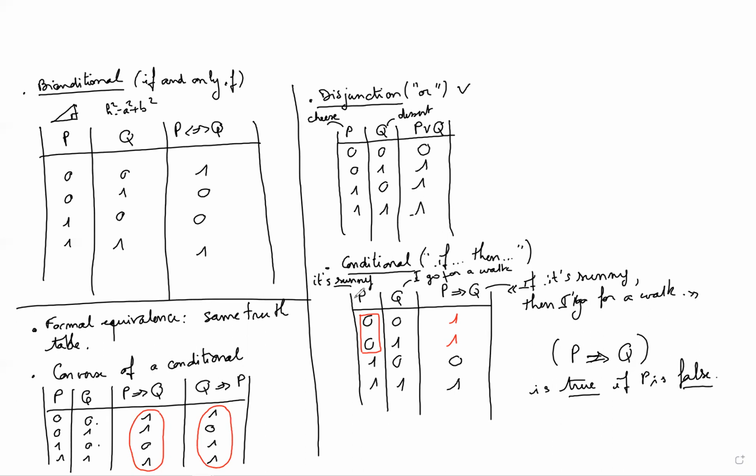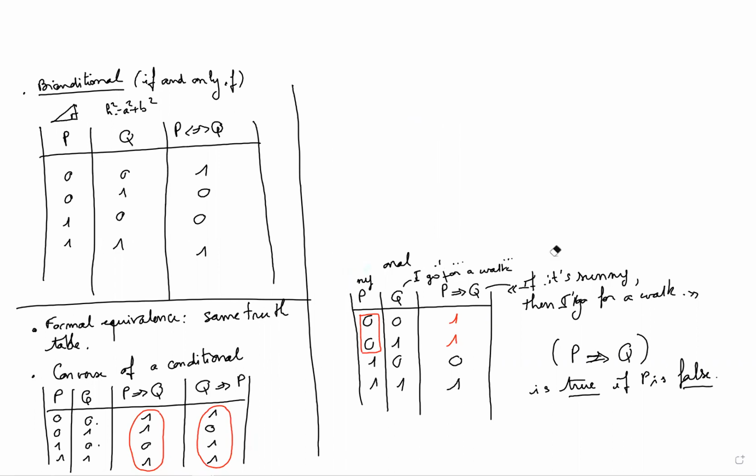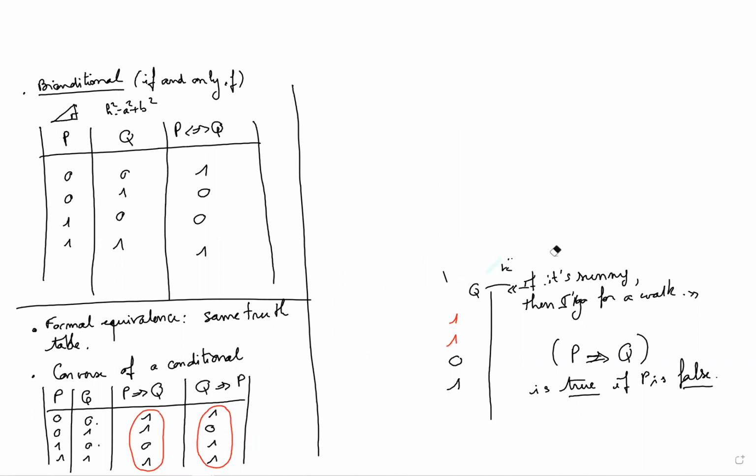You can't decide on the climate, or the weather. Most conditionals are not equivalences. It means in most cases, the converse of your conditional won't be true when your conditional is true.